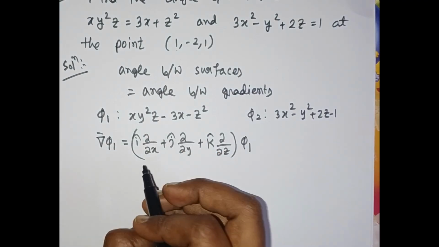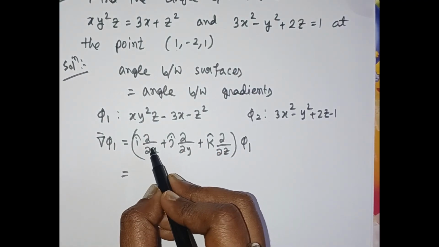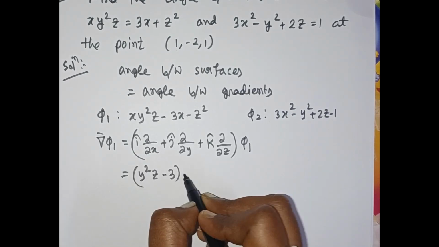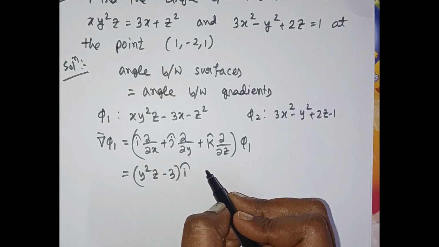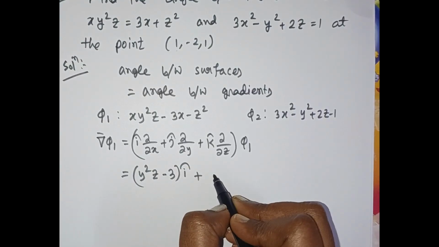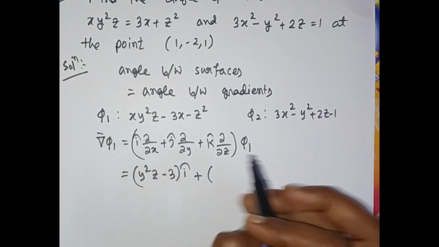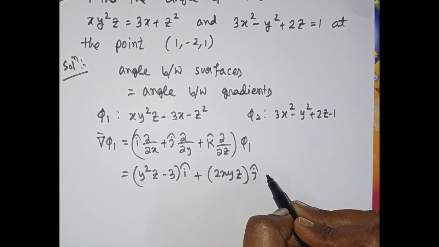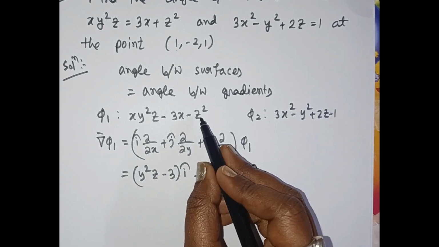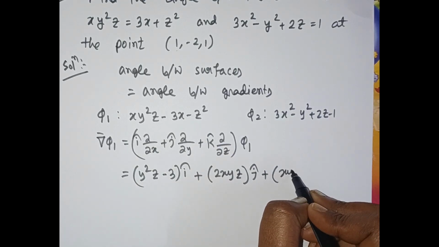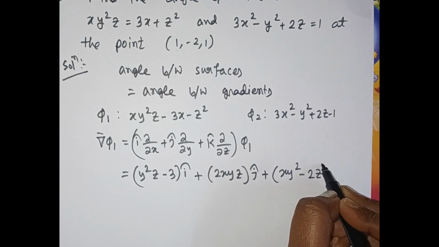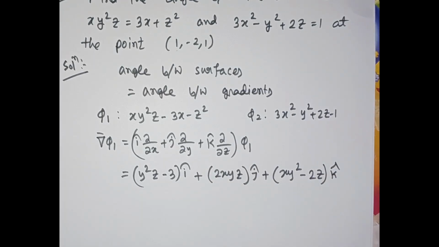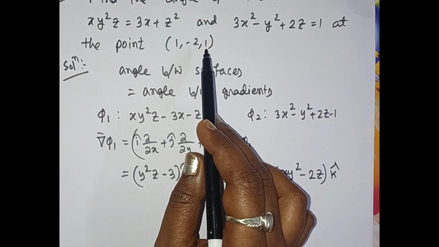So if you calculate this grad phi 1, with respect to x it will be y square z minus 3 i, plus, for y, 2xyz j, plus, for del/del z, xy square minus 2z k. So this is grad phi 1. Now we have to find it at the point 1, minus 2, 1.